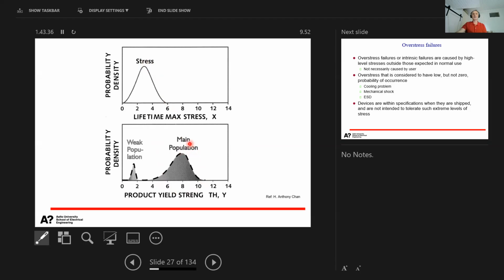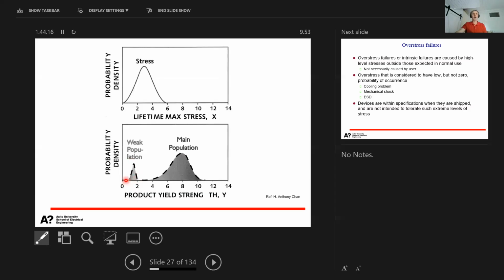So we do not expect random failures, but we have a weak population here, where the mean strength is clearly below the mean of the stress. So these products have some hidden defects and they will die immediately or very early in their lifetime. And of course, this is something that we want to avoid.